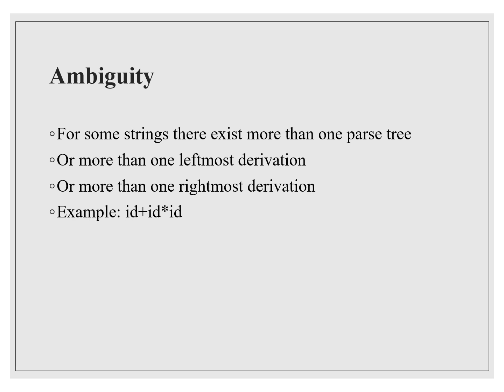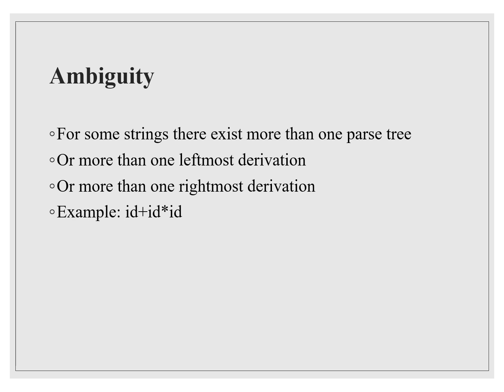A grammar that produces more than one parse tree for some sentence or string is said to be ambiguous. Or in another way, an ambiguous grammar is one that produces more than one leftmost derivation or more than one rightmost derivation for the same sentence. Got it? Either two parse trees, or two leftmost derivations, or two rightmost derivations.